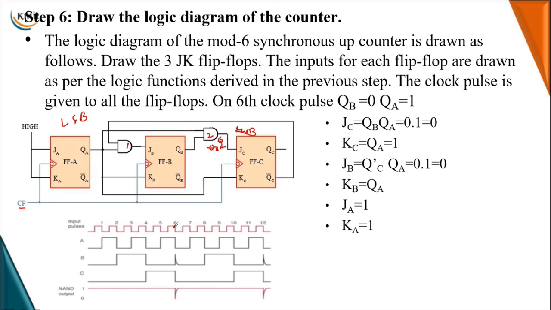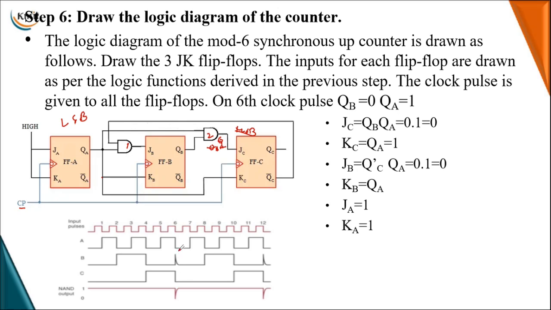Till the fifth clock pulse it functions like an up counter, but upon reaching the sixth clock pulse it has to reset. For a short duration, the C flip-flop will go to logic 1 state, along with the B flip-flop, and on the sixth clock pulse the first, least significant flip-flop will come to the 0 state.